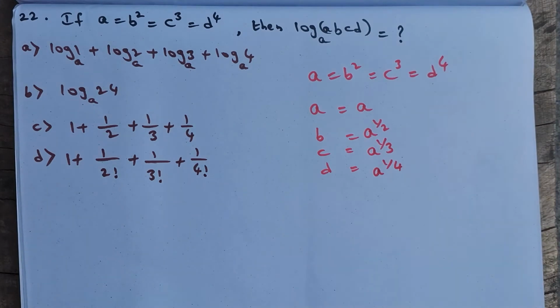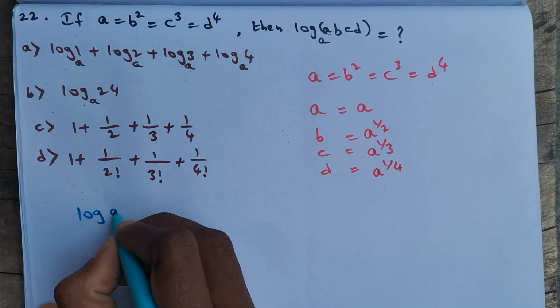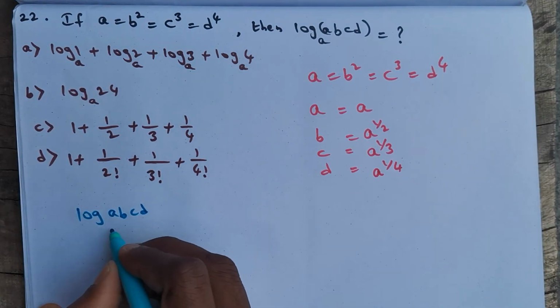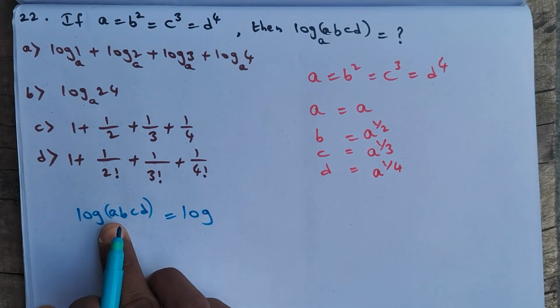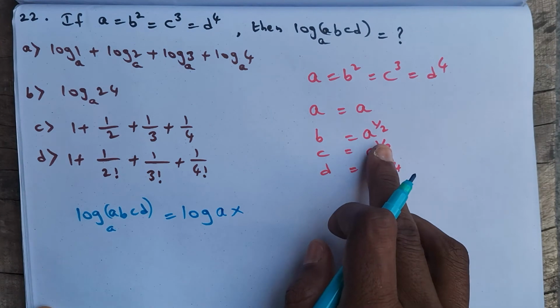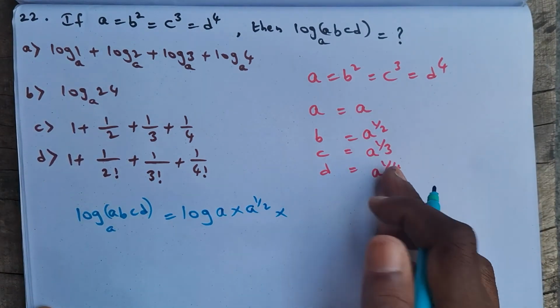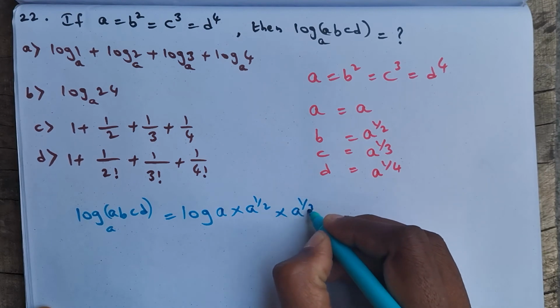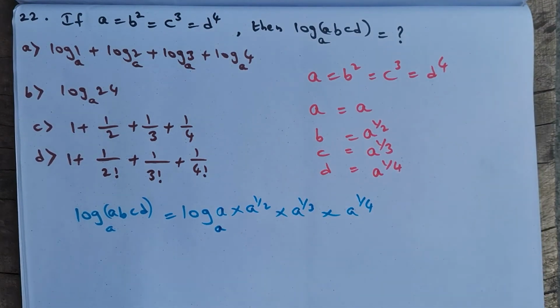Now here he gave log abcd. So log abcd with base a is equal to log of a, as usual, into b, which is nothing but a power 1 by 2, into c, which is nothing but a power 1 by 3, into d, which is nothing but a power 1 by 4, with base a. Here only a means a power 1.